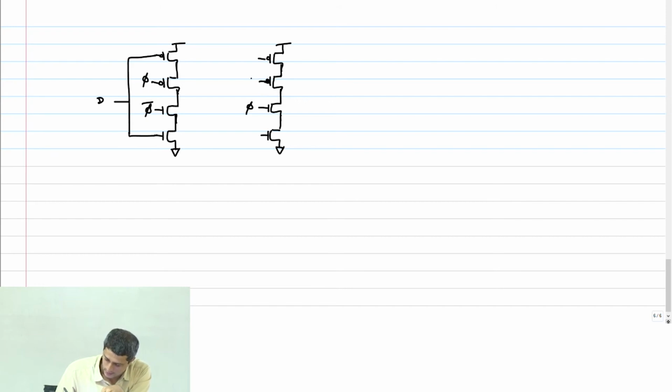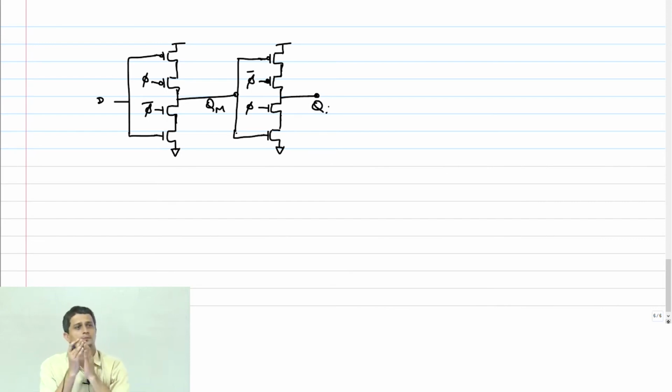This is phi and this is phi bar. QM, Q. So this is just a dynamic flop. Two dynamic latches have been cascaded. That's all we have done. This is latch L1, this is latch L2.